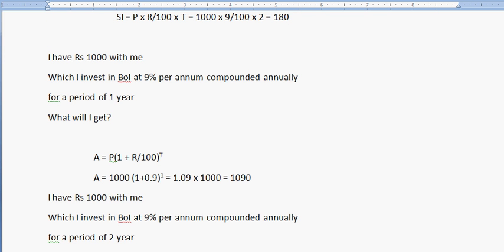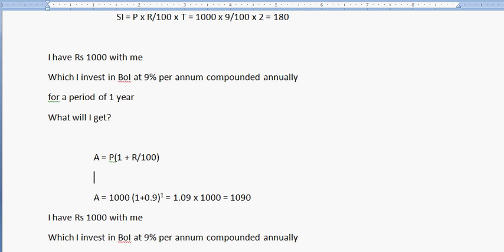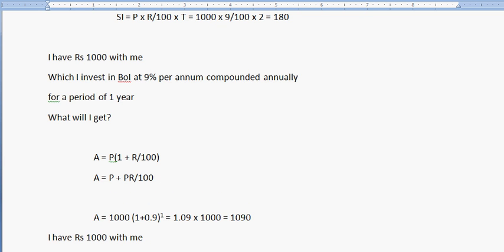So even if we look at the formula again, if the amount is invested for just 1 year, can we write amount is equal to P plus PR by 100, which was what we were getting as simple interest? Now amount for second year would be, in second year this becomes the principal.